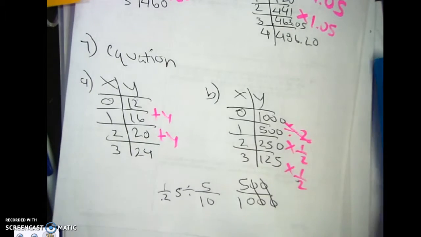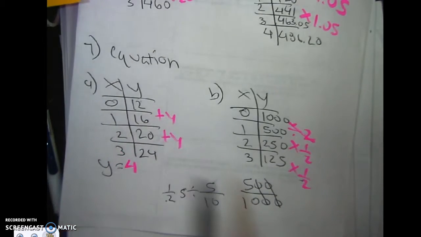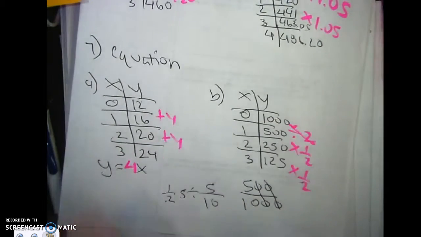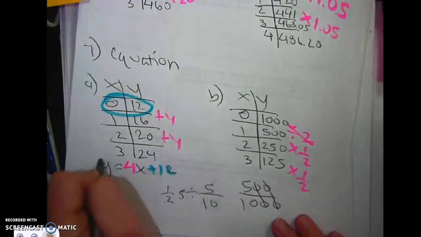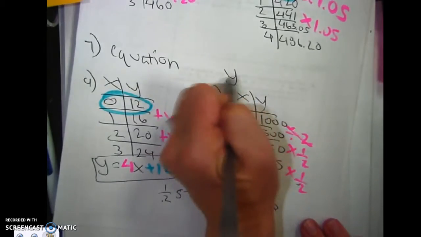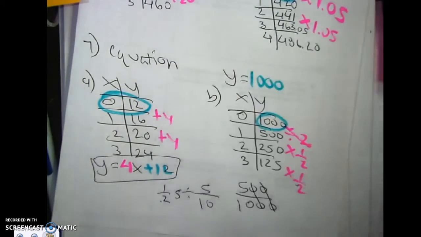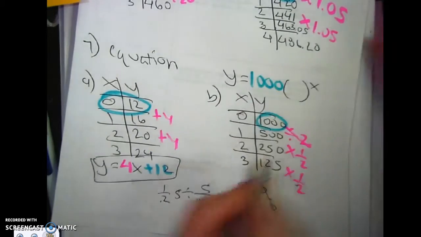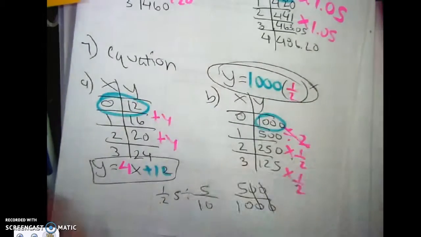That matches. Equation: y equals 4x plus 12. This one, y equals 1,000 times 1/2 to the x. Okay?